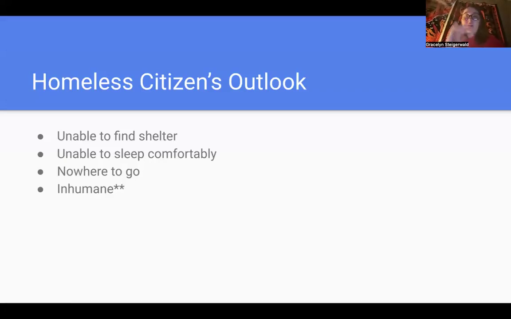And this isn't them purposely making laws to segregate them, but having certain architecture that makes them not being able to stay in the city.